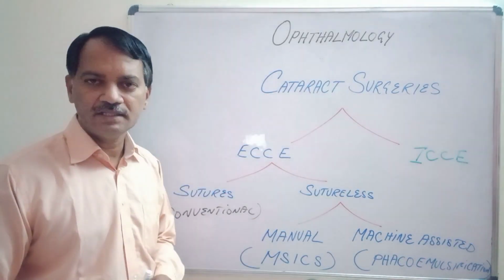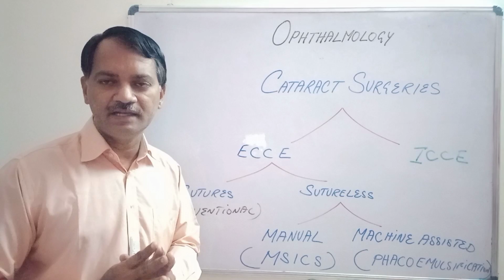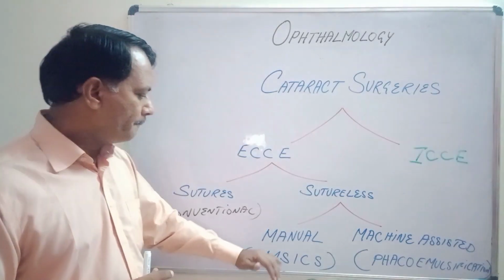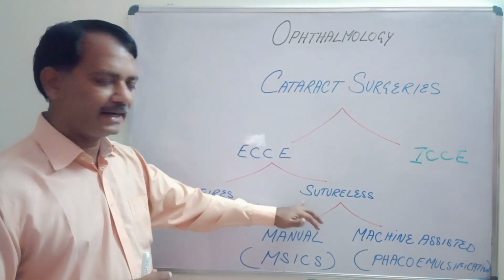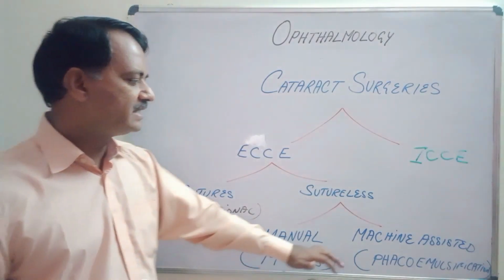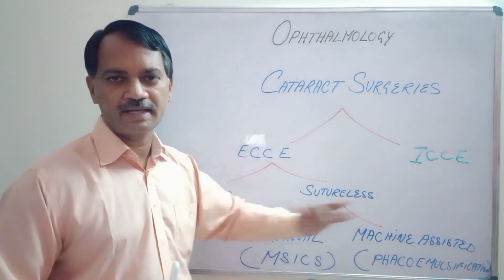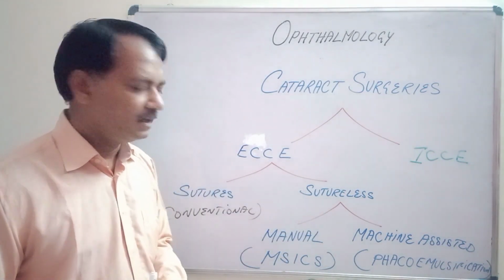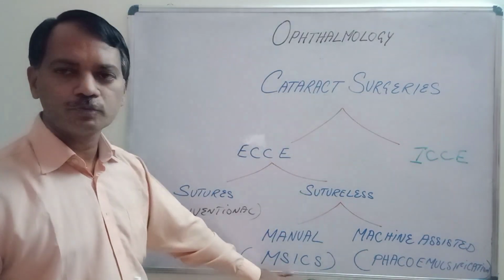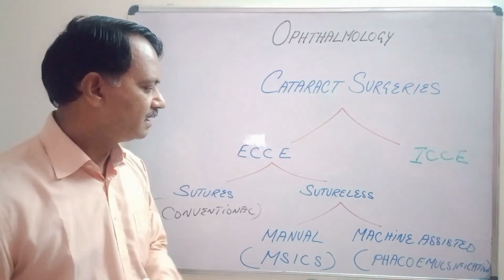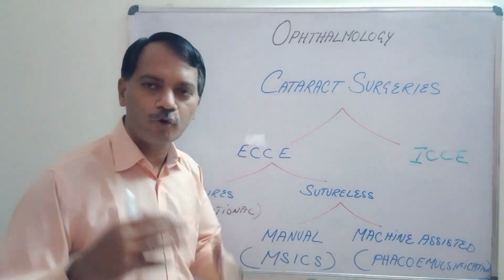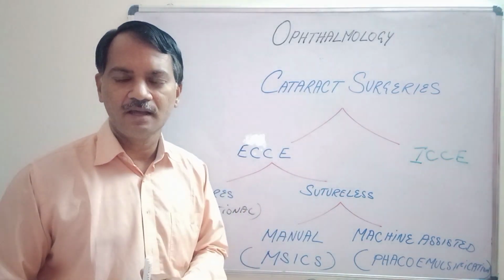Sutureless cataract surgeries once again can be divided into manual sutureless cataract surgeries, machine assisted sutureless cataract surgeries. This is called as manual small incision cataract surgeries. This is called as Phacoemulsification surgeries.